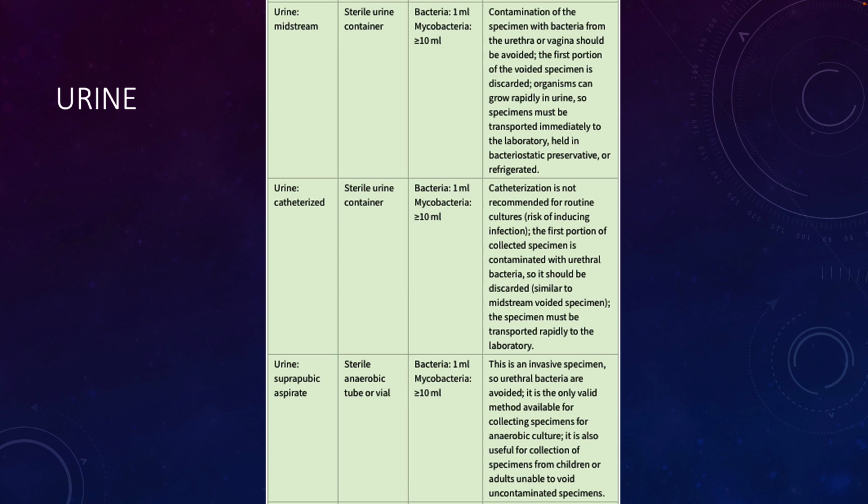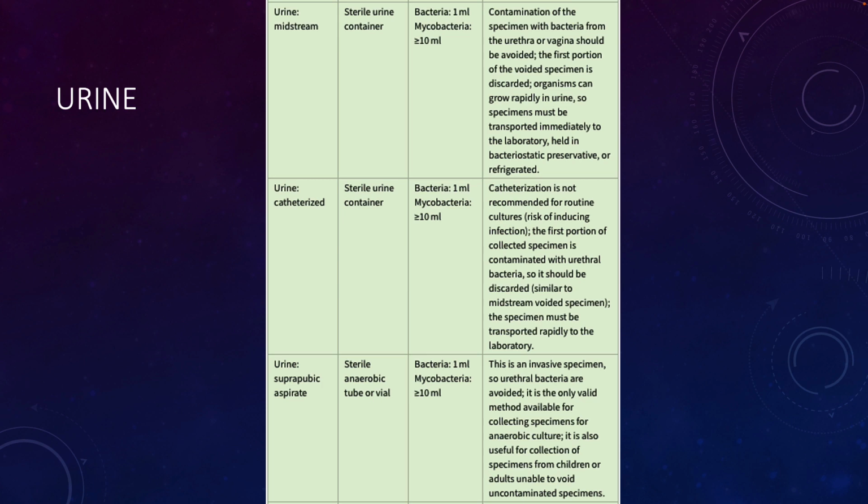Midstream should then be any bacteria present in the urinary tract or in the bladder that are causing the symptoms. You have to transport these very quickly and start to culture them very quickly because they will be contaminated with normal skin bacteria, which can quickly overtake an infection. So you want to make sure that these get taken to the lab right away.